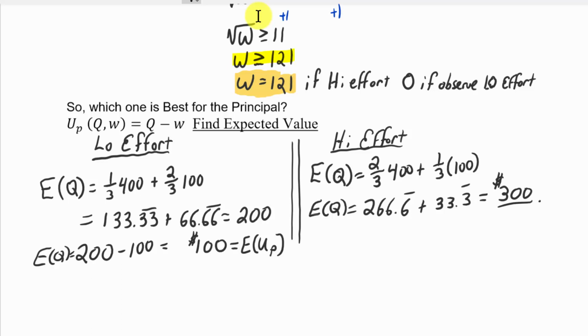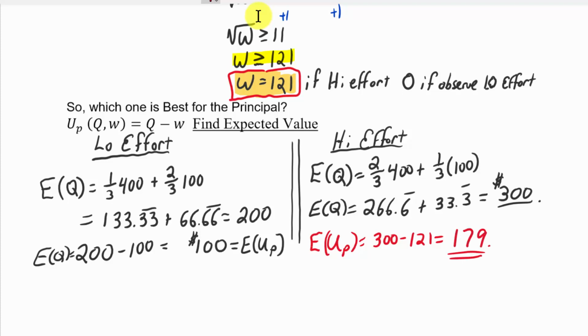And then we're going to have to pay this person $121 when they provide that high effort. So the expected value of the utility of the principal here would be 300 minus 121 equals 179.